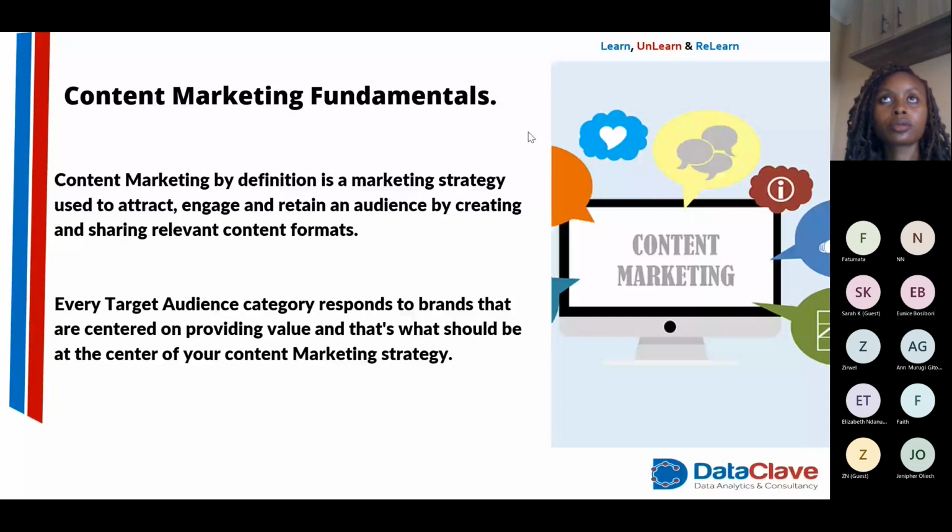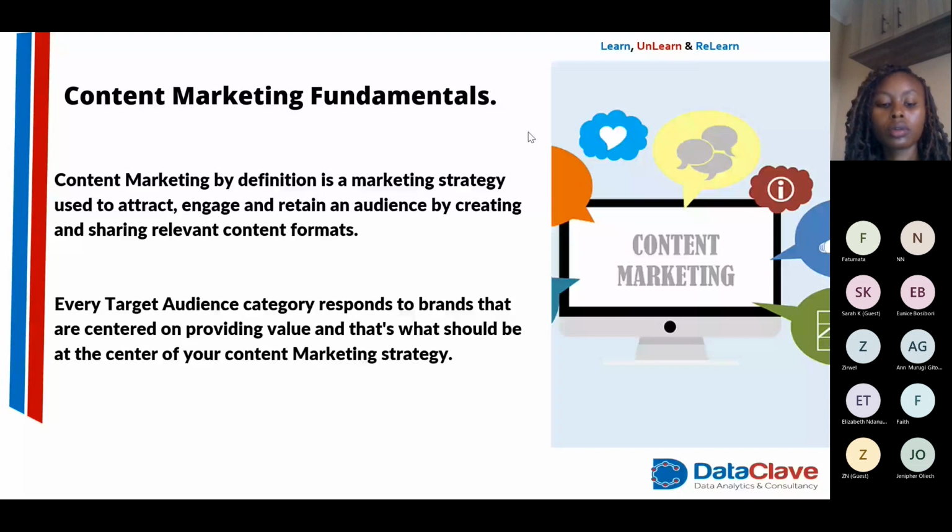So just to explain it, content marketing, by definition, is a marketing strategy, but it's a marketing strategy that's based on content, on creating content.